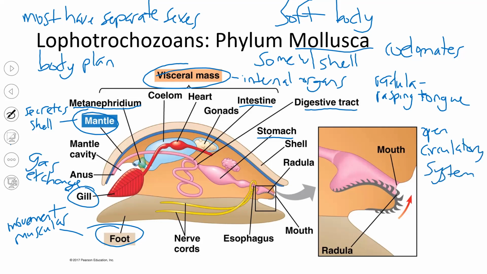They have an open circulatory system. Okay, you have a closed circulatory system with the heart and blood vessels. They have an open circulatory system, so you can see they have a heart. And kind of a little bit of blood vessels. But it's more like an open cavity, but the heart helps to move fluid, and the fluid isn't really blood.